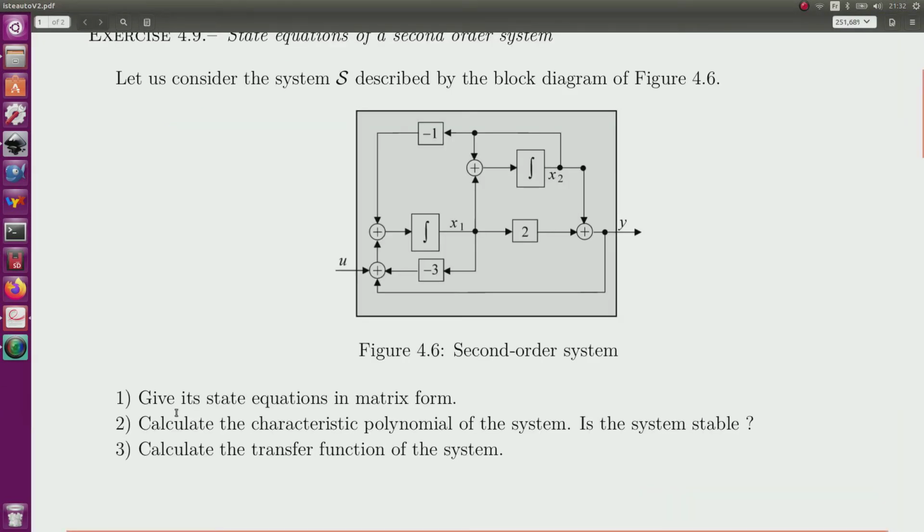Second question, I have to calculate the characteristic polynomial of the system and to conclude if the system is stable or not.